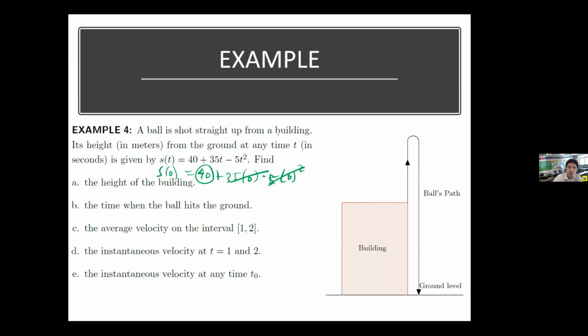So sige, atong kuanon. Mahimo na lang na nimog 0. 40 plus 35t minus 5t squared. Then apply na lang kag factoring. So common man na sila. Ma-divide na sila tanan og 5. So kung i-divide na to na sila og 5, 0 gyapon. Si 40 i-divide og 5 ma 8.